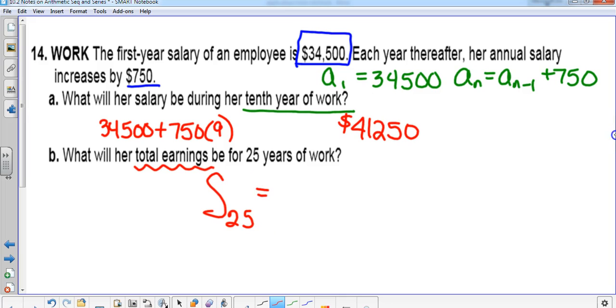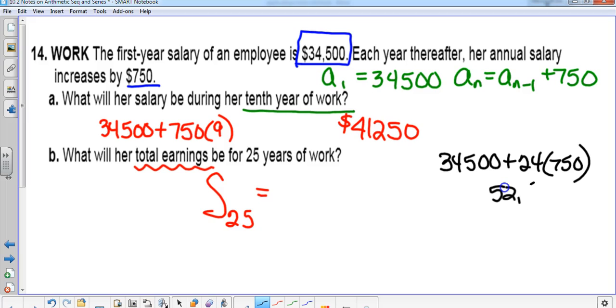If you want to use a formula, you have to find the 25th term. $52,500.